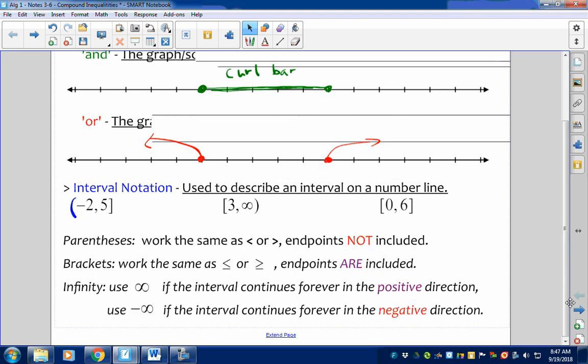This is positive infinity if the interval continues forever in the positive direction, and negative infinity if it goes forever in the negative direction. So we're going to draw an interval on a number line for each one of those interval notation examples that we have next.